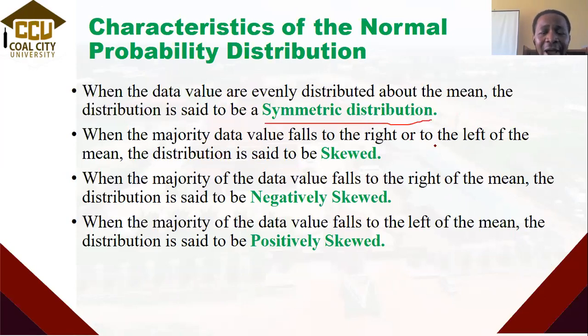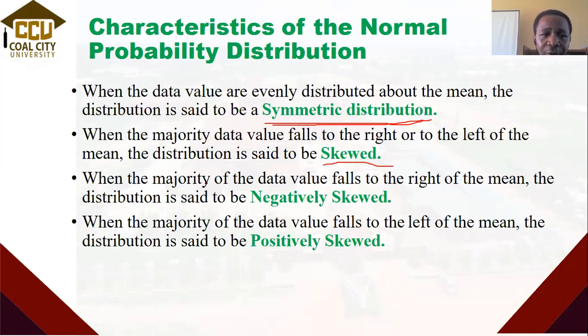However, when they are not evenly distributed, that is, when the majority of the data falls either to the right or to the left of the mean, we say it is skewed.